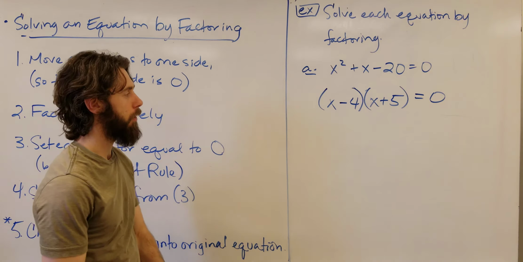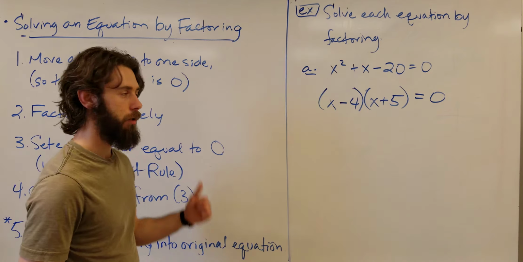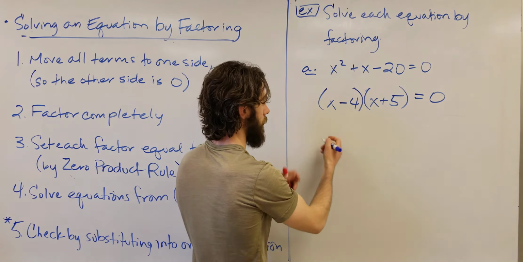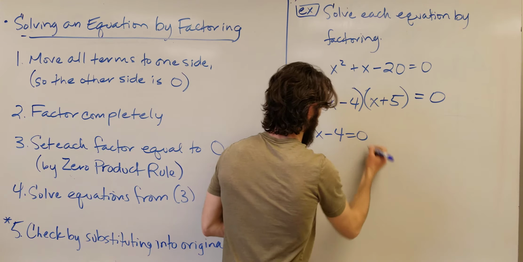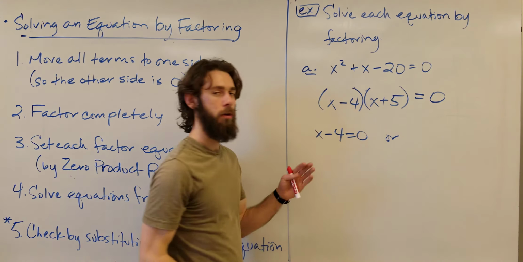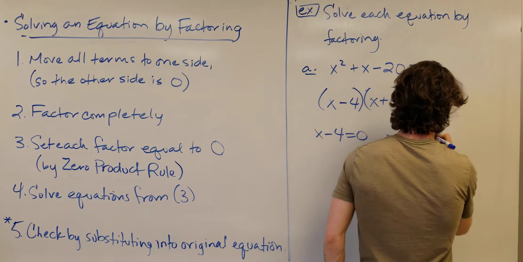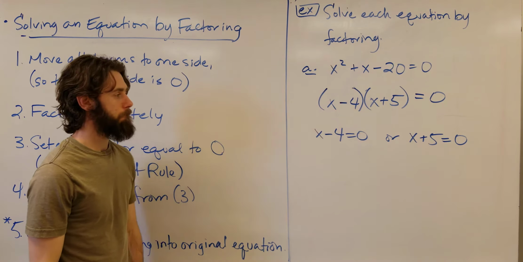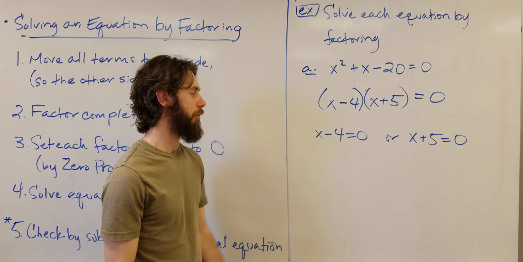All right. So now we have the two factors equal to 0. Step 3, we split them into their own equations. So that means I get x minus 4 equals 0, or x plus 5 equals 0. All right, and now those are pretty easy to solve. We just move the 4 over and the 5 over.